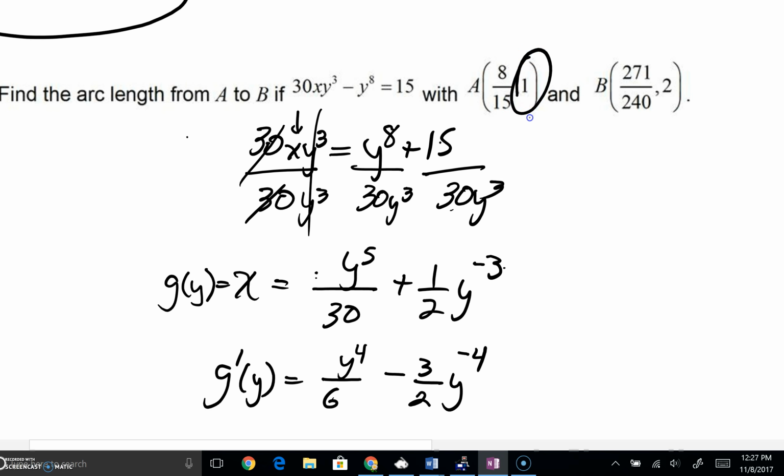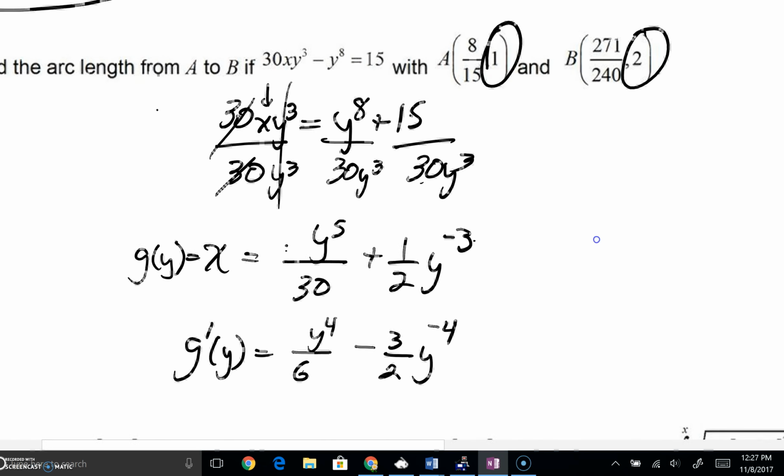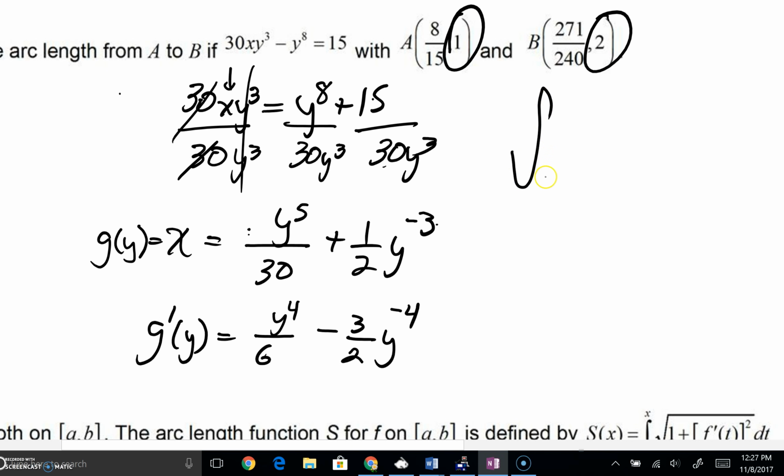But look, what I'm trying to get you to see is that right now you're trying to find the arc length where the roles of x and y have been reversed. You're now integrating with respect to y instead of x. So what are you really going to have to type in? You're going to go from 1 to 2, my beginning y value to my ending y value.